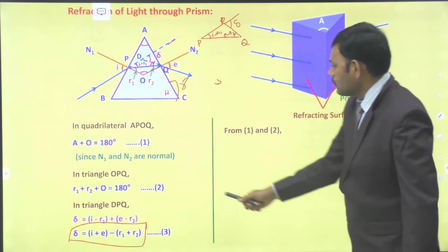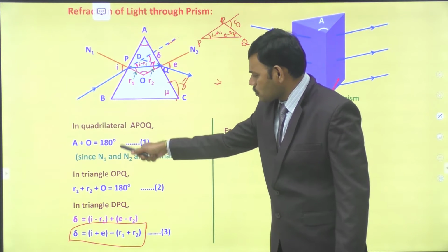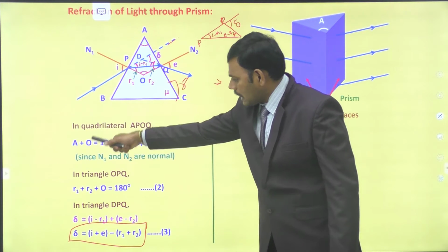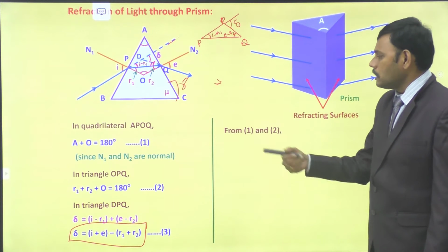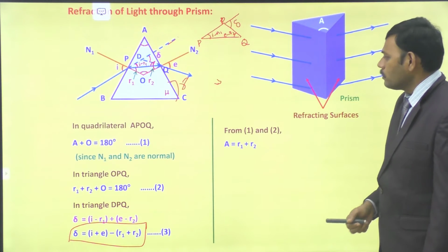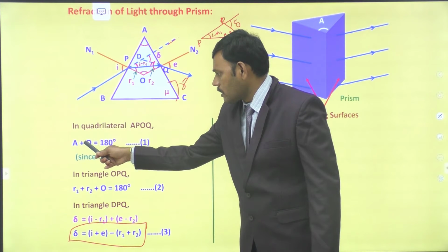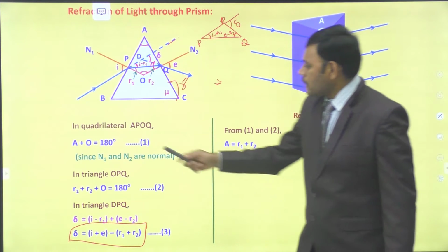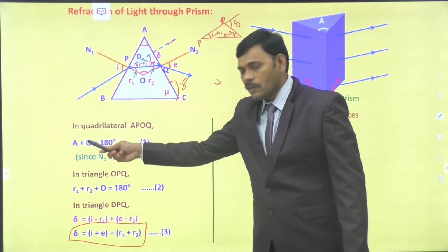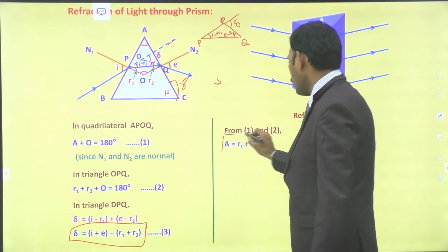Let us equate 1 and 2. As RHS of these two equations is 180 degrees, so LHS must be same. So LHS is equated, that is A plus O is equal to R1 plus R2 plus O. O gets cancelled, then A becomes R1 plus R2. So by equating LHS of equation 1 and 2, we find A is equal to R1 plus R2.